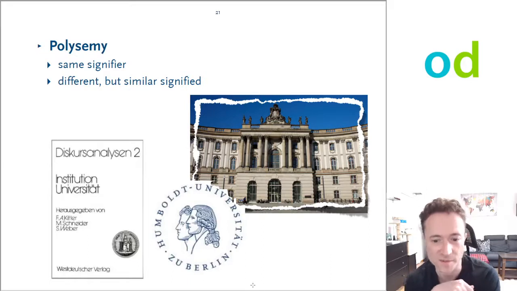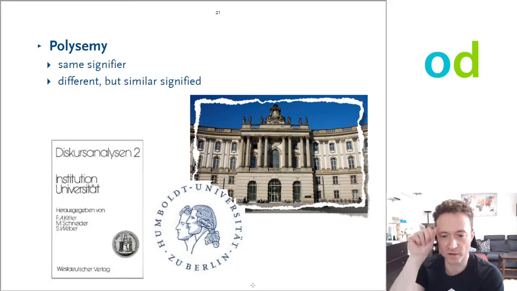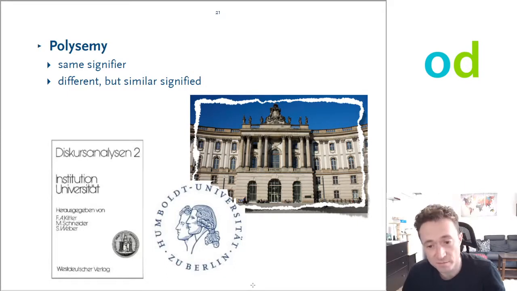And then there's the most interesting part, the polysemy, where we have the same signifier again, but different, similar signified. For example, university. In the pictures below, you see a picture of Humboldt University, the building. So in that case, I refer to the building when I call something university.